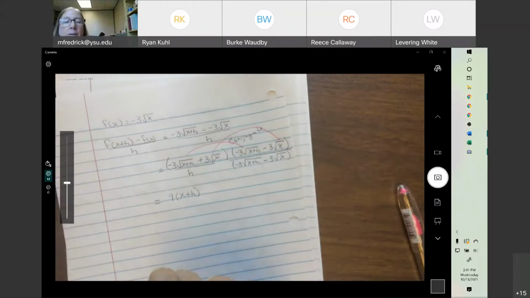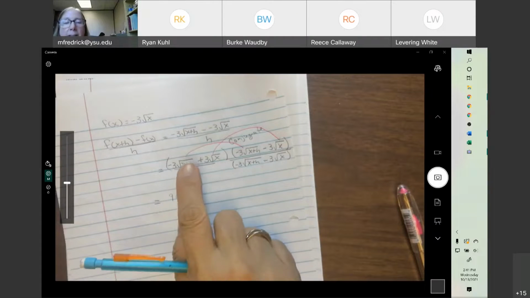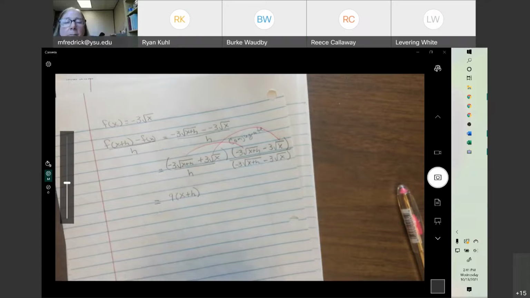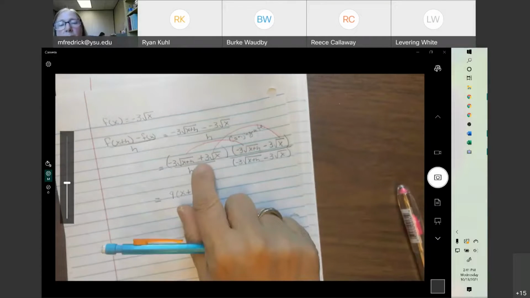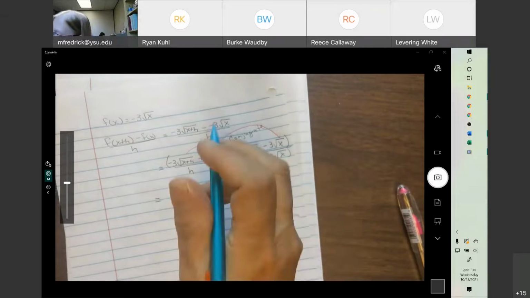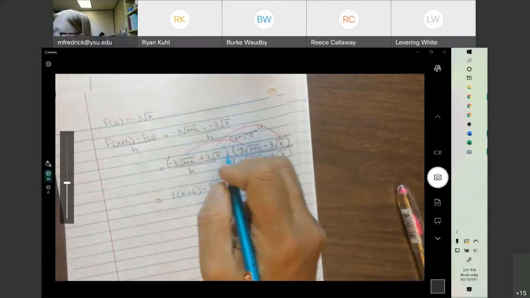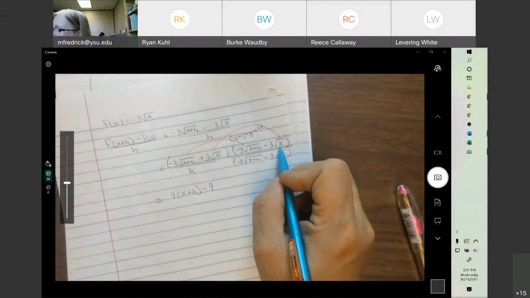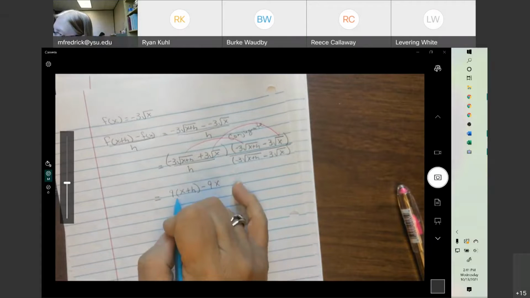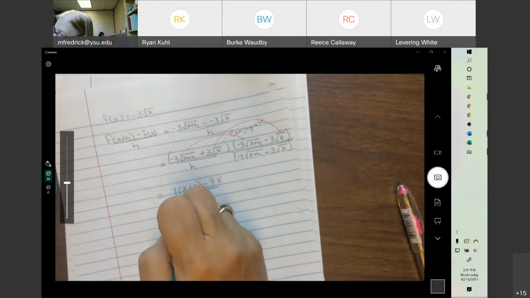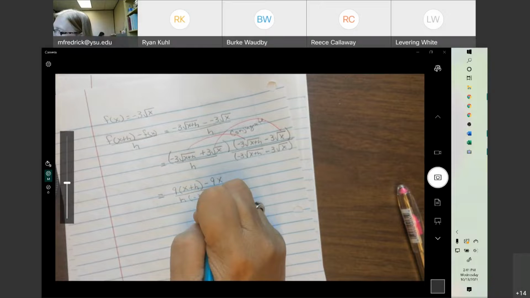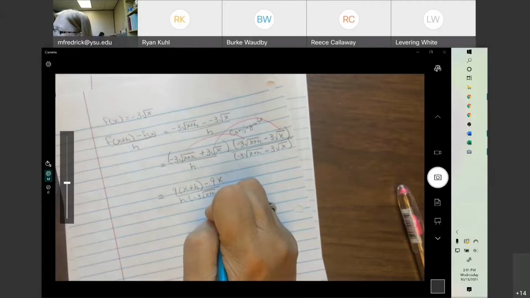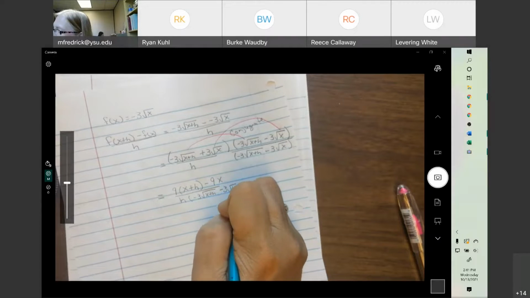The square roots cancel when it's the exact same thing. Then we multiply the last two terms. 3 times -3 is a -9. Square root of x times the square root of x is x. Over h times -3 square root x plus h minus 3 square root of x.